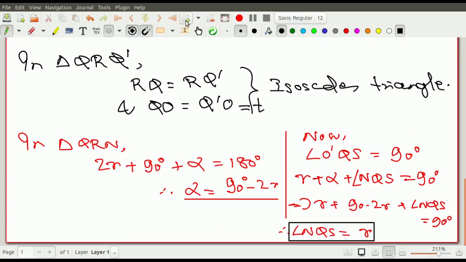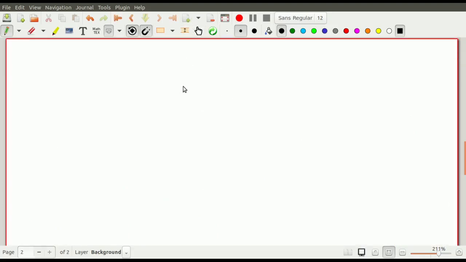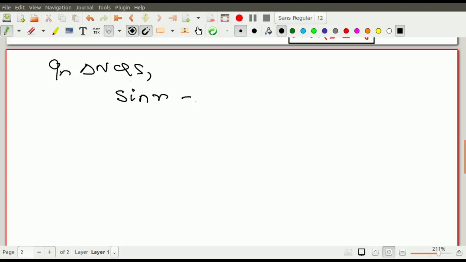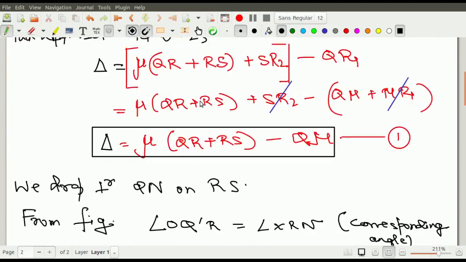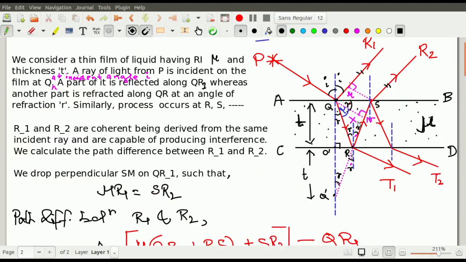I think that everything is now settled, so now I will go for the calculation. In triangle NQS, you see that I call that triangle NQS. In triangle NQS, what is the value of sine of R? Go to triangle NQS. This angle is R now, I have to show how it came.